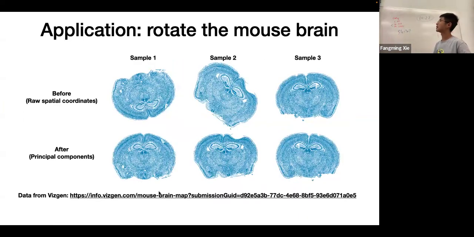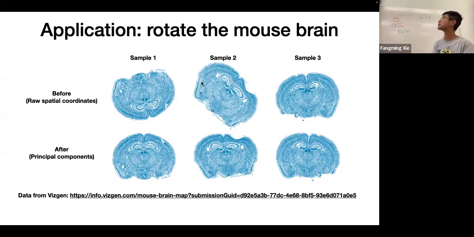Another use case is that it can help you do a better rotation, right? So remember the data set we played with is this. The cell locations and spatial locations are tilted.